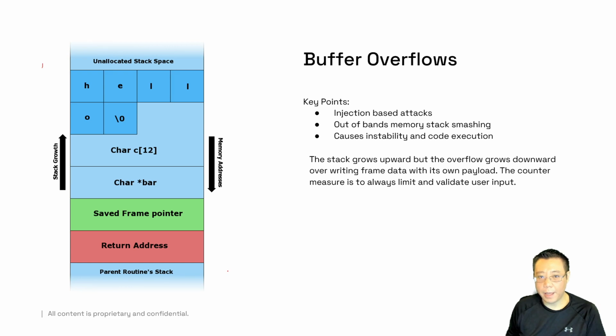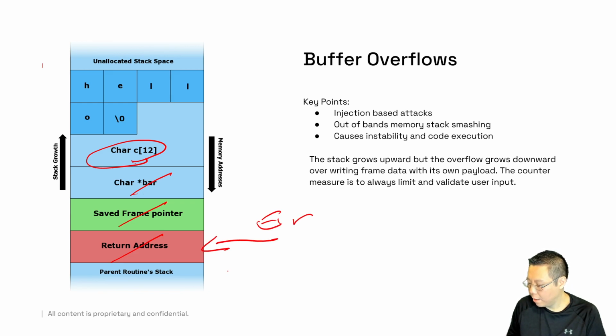If you have "hello", and it should only be a maximum of 12 characters, and you're using an insecure module, regardless of your programming language, if you enter more than 12 characters, you start to overwrite other aspects of the frame. We call these stack frames because the computer takes the CPU and has a pointer called EIP.